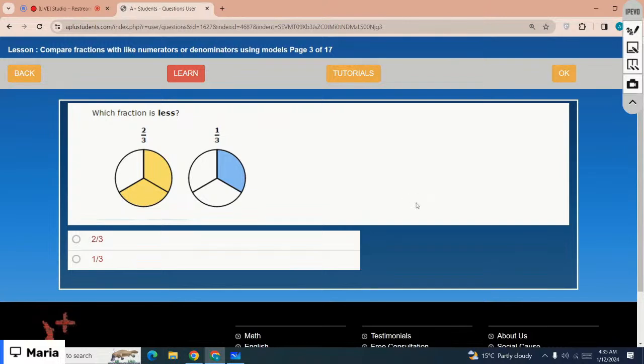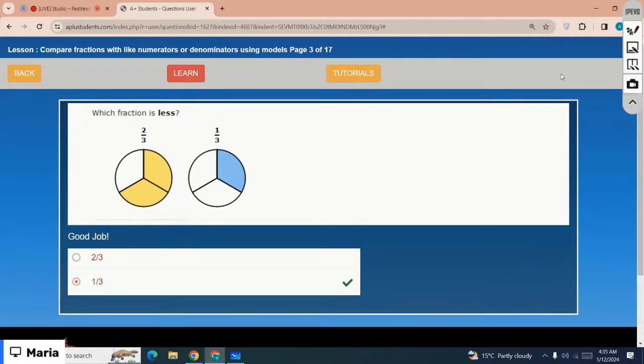Yes, obviously 1 by 3 is less than 2 by 3. The correct option is 1 over 3.